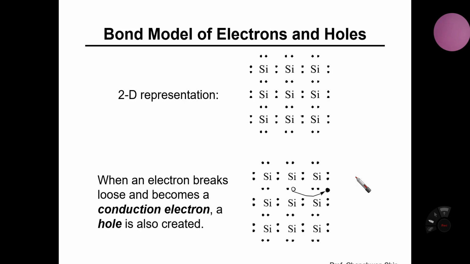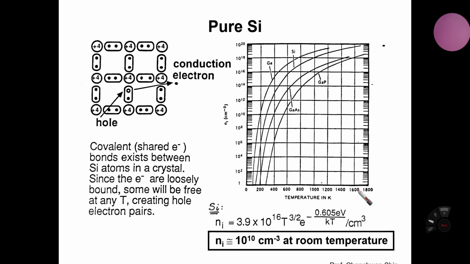Here I would like to tell you some more about how many conduction electrons are created at room temperature. So take a look at this figure. The x-axis indicates the temperature in the unit of Kelvin. So here, 300 Kelvin. In the case of silicon, 10 to the 10.